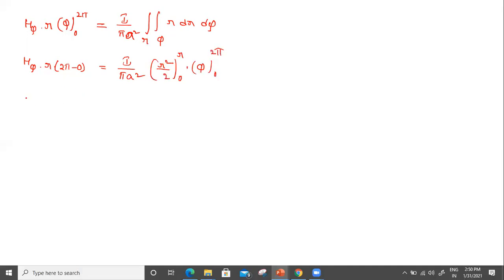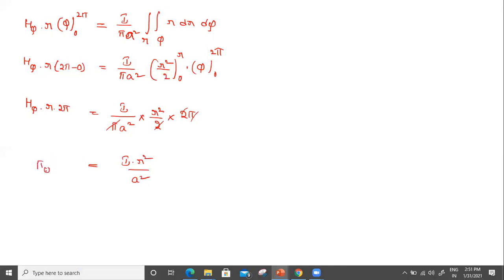If you simplify this, H phi into r into 2 pi equals I by pi a square into r square by 2, into 2 pi. If you substitute the limits, 2 pi minus 0 gives 2 pi. So if you cancel pi and 2, finally we get I into r square by a square.